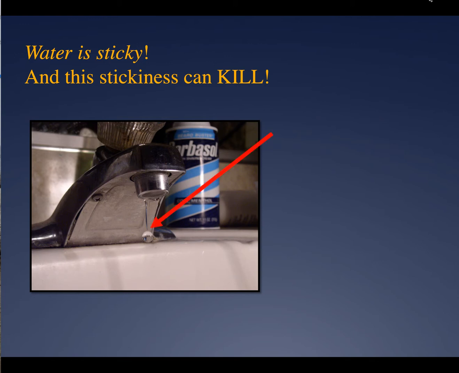Well, what you're looking at right here is a drip of water coming off of a faucet. And there, pointed out by the arrow, is the little extension, the string of water going down to the droplet. You've probably seen water strung out like this if you ever turn on the faucet very, very slowly, or if you're shutting things down. There's a drip.